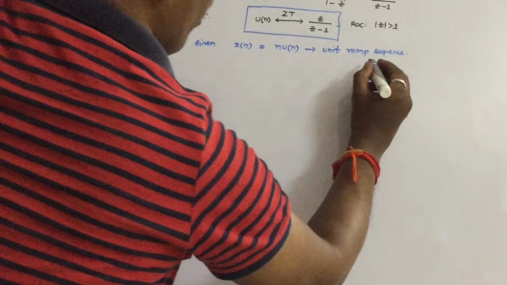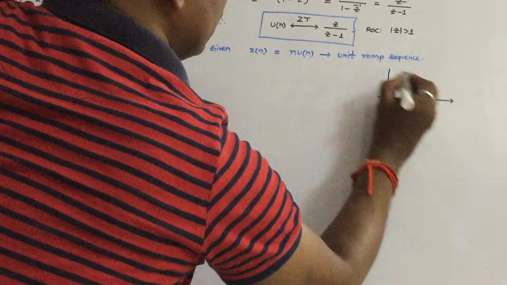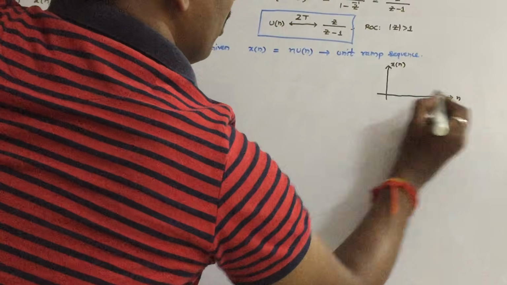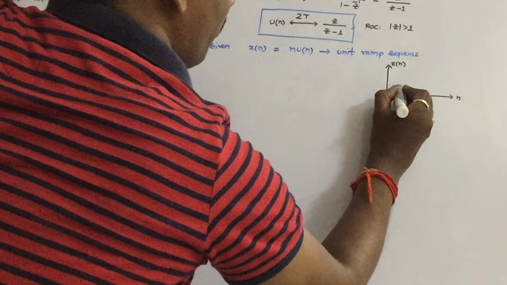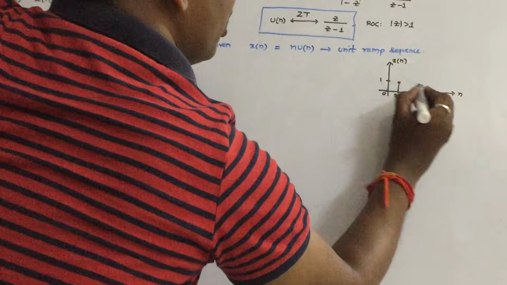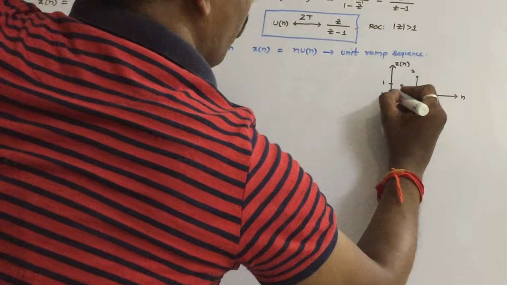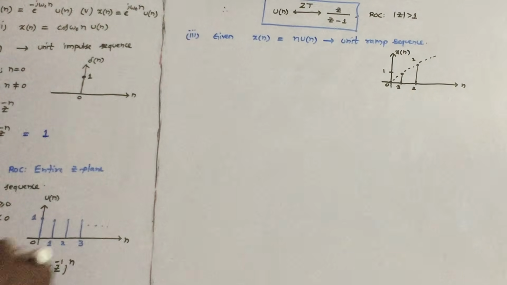You can plot it graphically like this also. This is x of n versus n. At n is equal to 0, the sample value is 0. At n is equal to 1, it has an amplitude of 1. At n is equal to 2, it has an amplitude of 2. It is going like a ramp, so that's why it is called the ramp sequence.